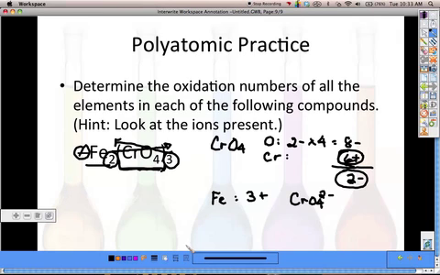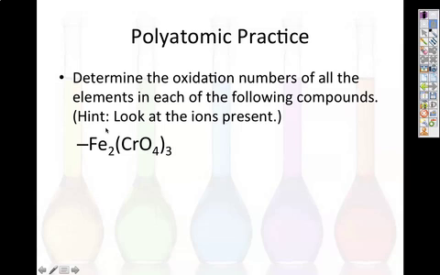Let's see, we're just playing a game back and forth with these values. You can try the rest of them on your own. They should be pretty straightforward, using the same process each time. We already figured out that we can look at the overall charge.